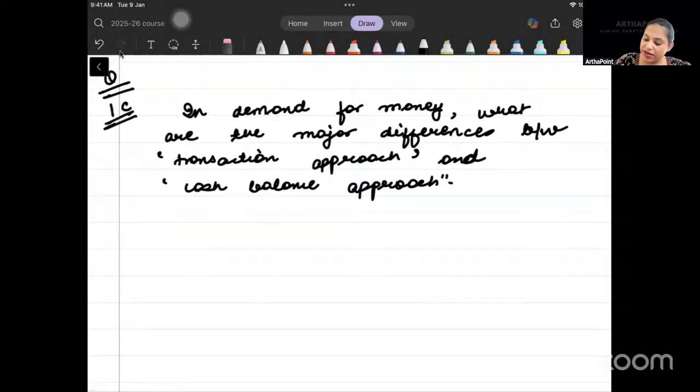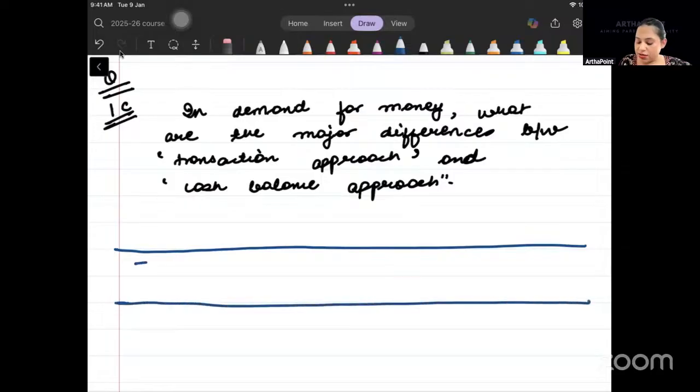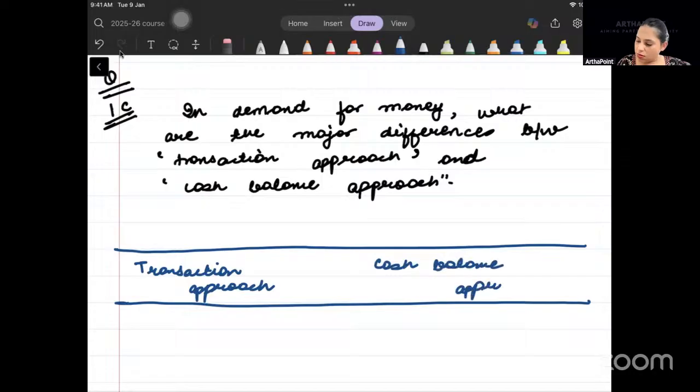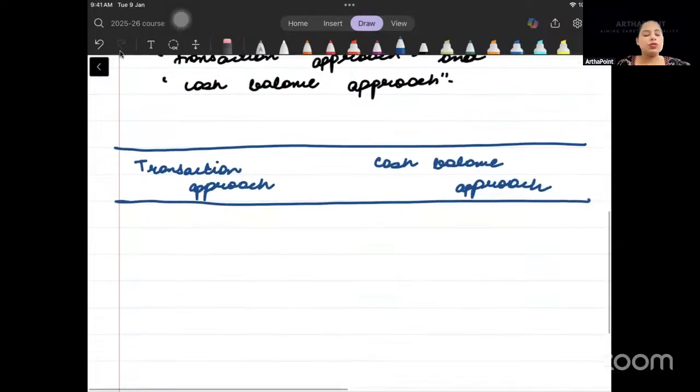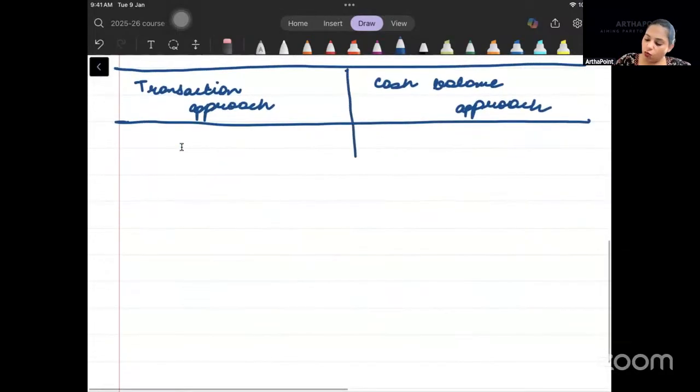So I'm going to make a table, with transaction approach and cash balance approach. Firstly, we'll begin by who gave what.